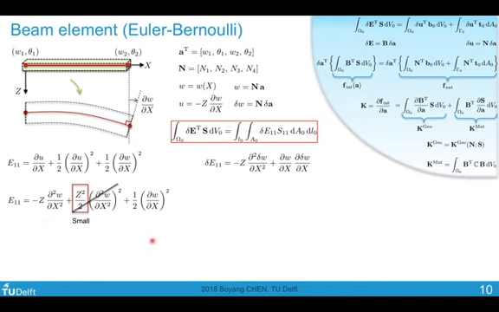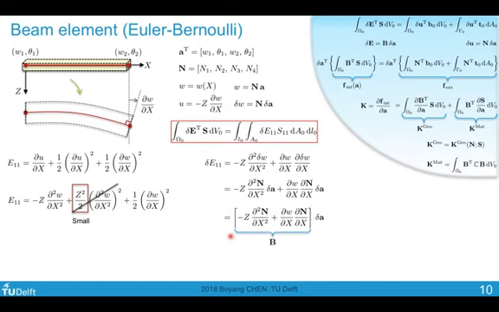Now I perform the variation of E11 so that eventually I would be able to sort out the B matrix. And having obtained the variation, I would like to substitute the delta W by N times delta A. Now I've sorted out the delta A, and we have our B matrix, which is within the bracket.